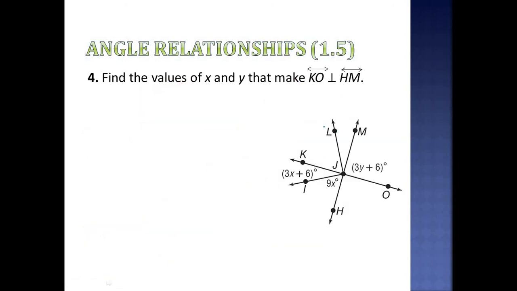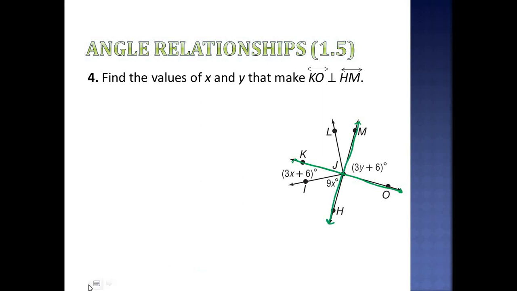And then the last example here, it says find the values of x and y that make line KO perpendicular to line HM. Line KO is this line right here, and line HM is that line right there.